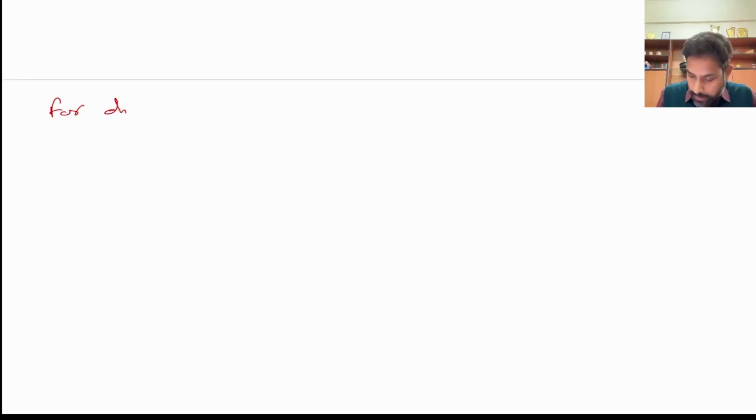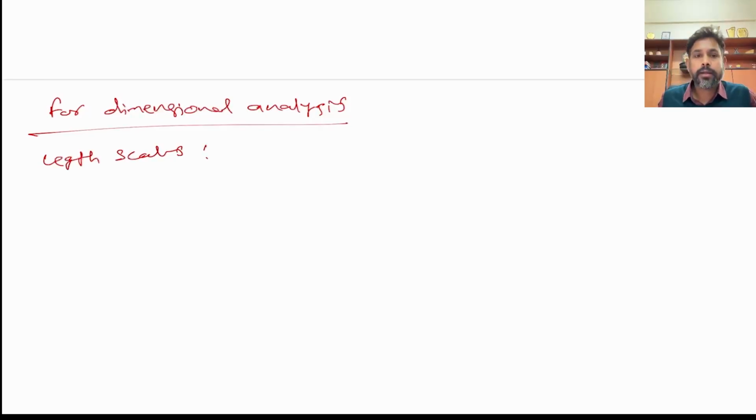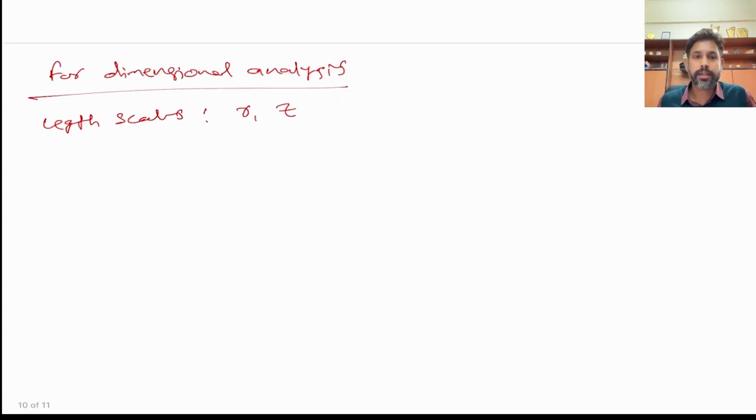So for analysis, length scale available with us are r and z. Okay, so that is radial axis and vertical axis, and other parameters, fluid parameters, we have our, let's say, viscosity and density. These are two fluid parameters, right?